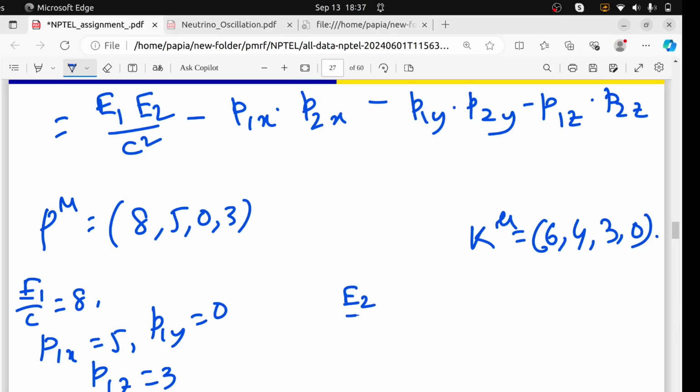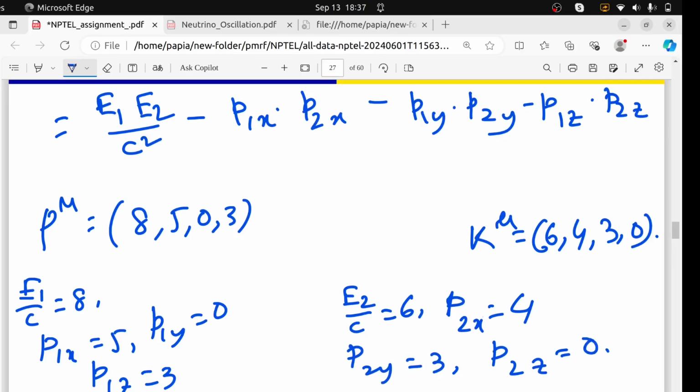Similarly here E2 by C is 6, P1y 4, P1x 1, P2x is 4, P2y is 3, P2z is 0.